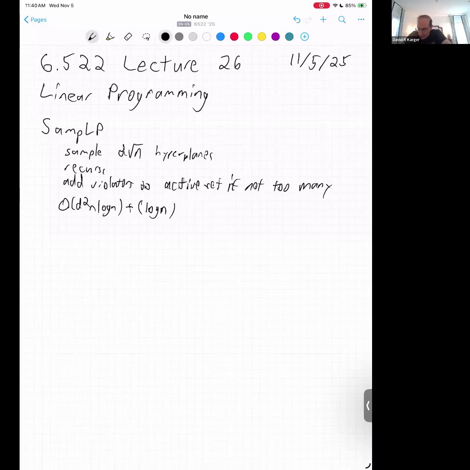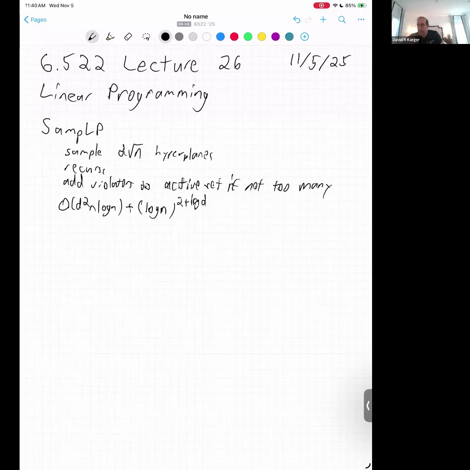Which was about 2 plus log d. So we had a runtime which is polynomial in n for any constant d, but exponential in d.